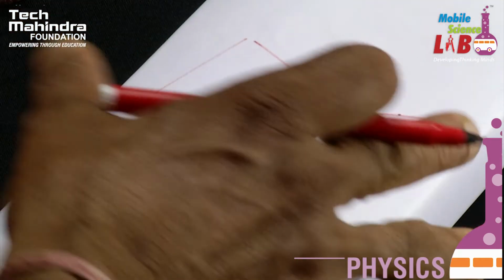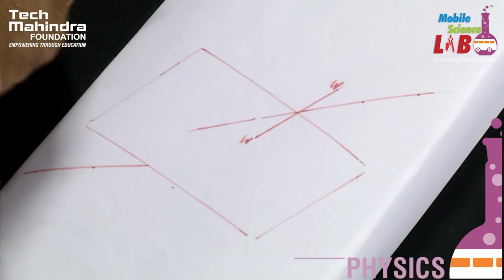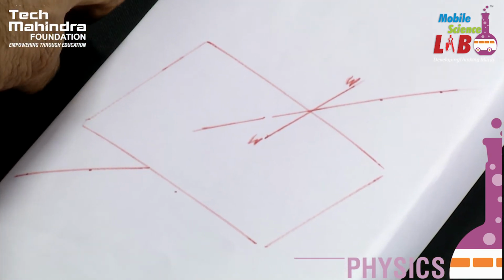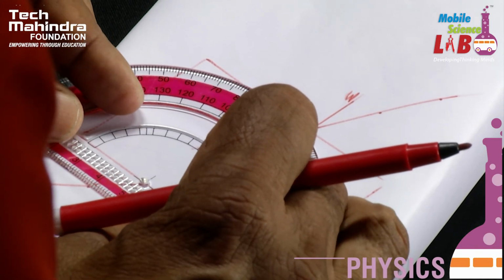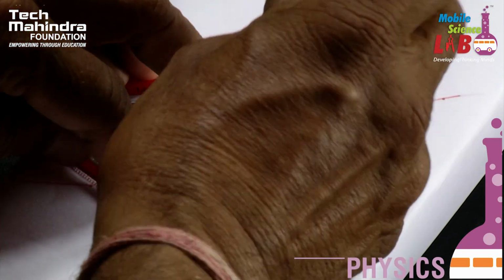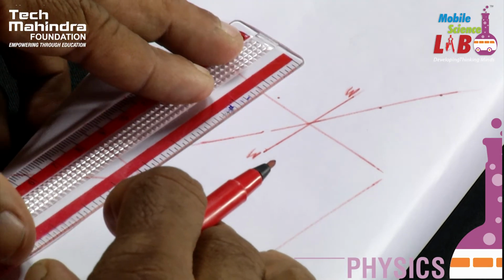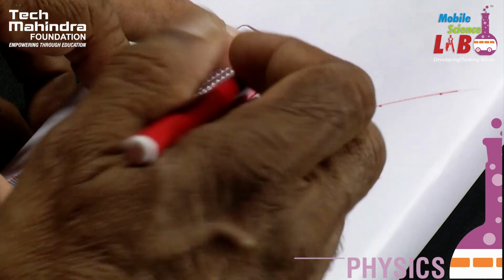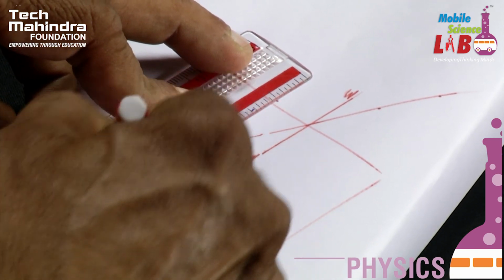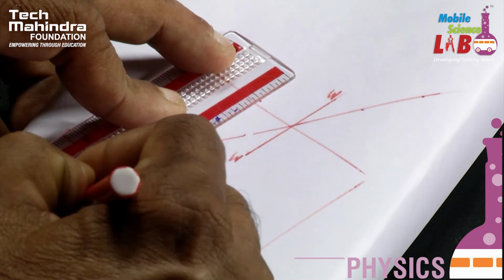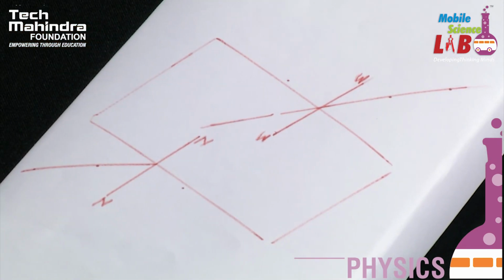Similarly, take the emergent ray and draw the perpendicular at the point of emergence. NN represents the perpendicular on the other side.